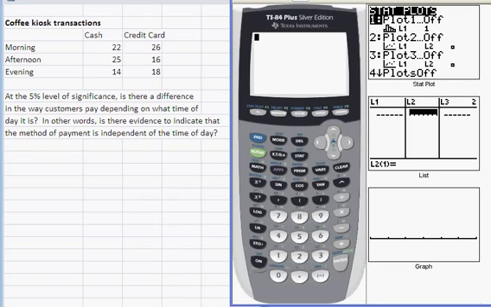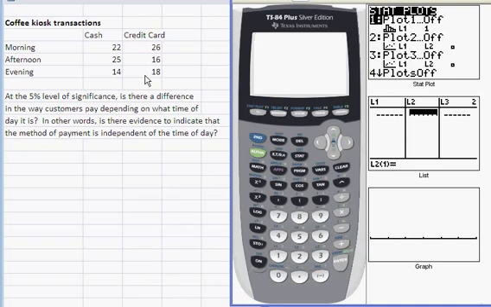You start with, as I said, your data sorted into a two-way table or contingency table, and in this example that I've set up, I have a matrix of data, and this concerns the transactions done at a coffee kiosk at various times of the day, morning, afternoon, or evening, and whether they were cash transactions or credit card transactions.